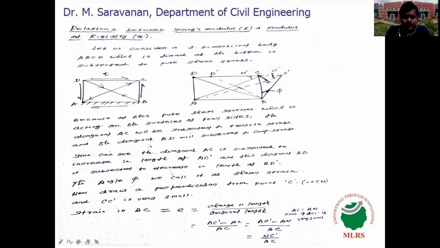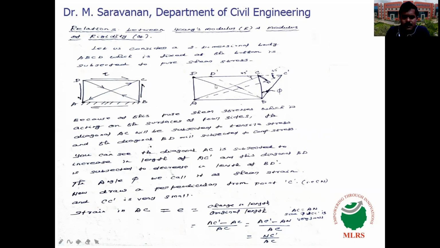Because of this pure shear stress acting on the surfaces of the four sides, the diagonal AC will be subjected to tensile stress and the diagonal BD will be subjected to compressive stress.